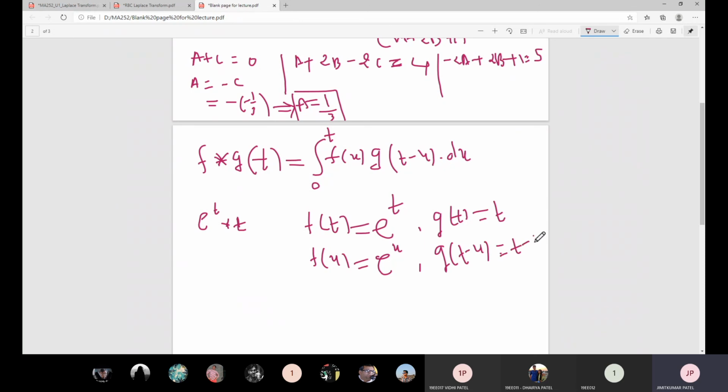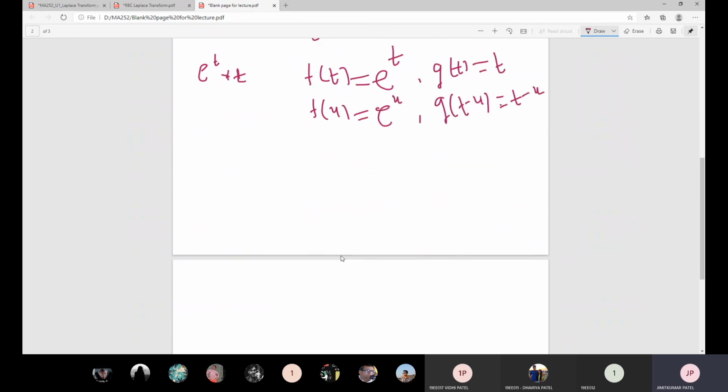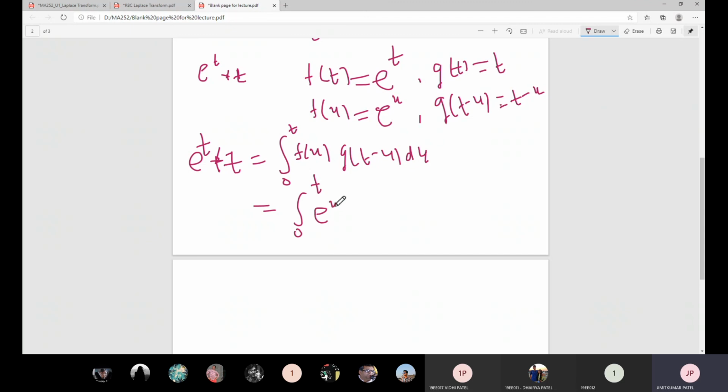If you know this, then 70% of the example is complete. So now I start with e raised to t star t equals integration 0 to t of f of u, this is my definition, g of t minus u du, equals integration 0 to t of e raised to u into t minus u du.